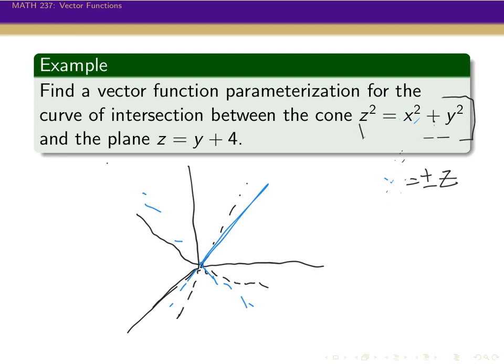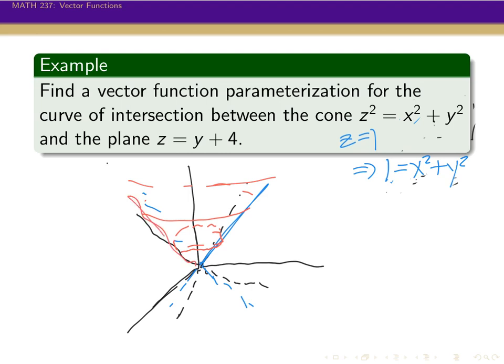If I set z to be 1, then I have 1 squared is 1 is equal to x squared plus y squared. That's giving me a circle of radius 1. And so it's coming around as a circle there. And so there's our cone. So our cone is right there.